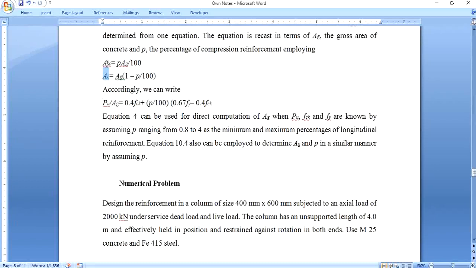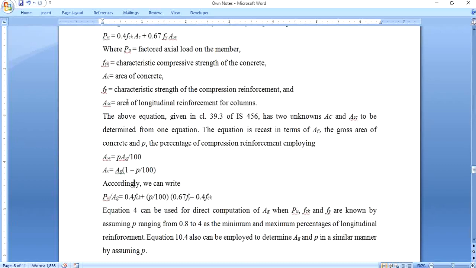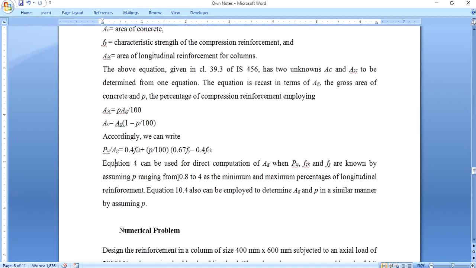So substituting this equation in place of ASC, and this equation in the case of AC, you can see PU divided by AG. I am substituting these two values and dividing the entire equation by the cross sectional area. Then I am going to get this particular equation.